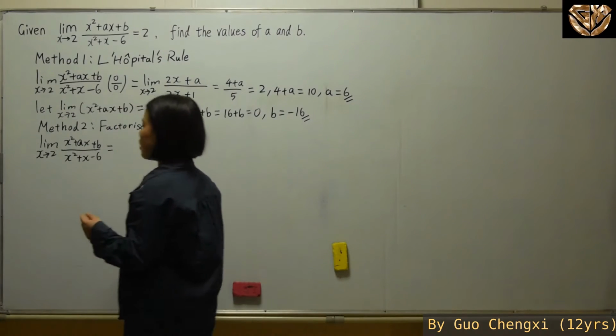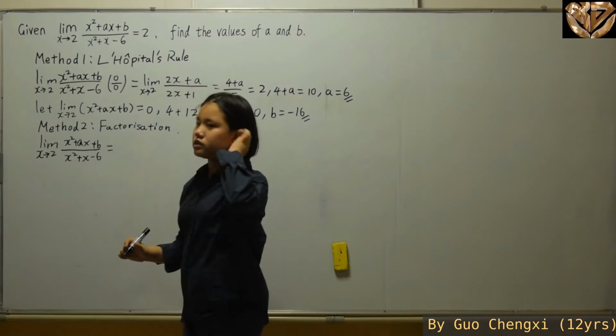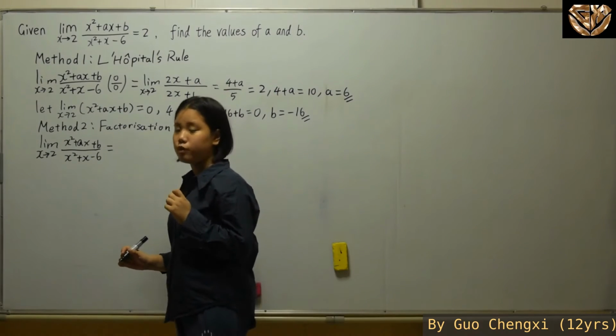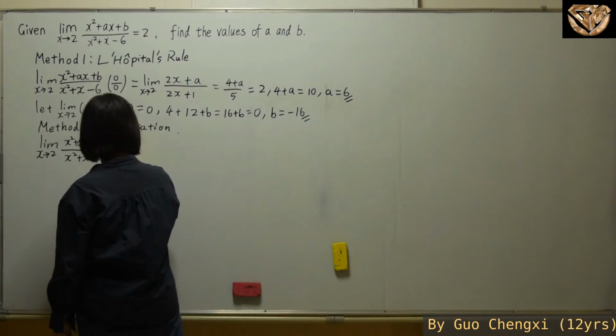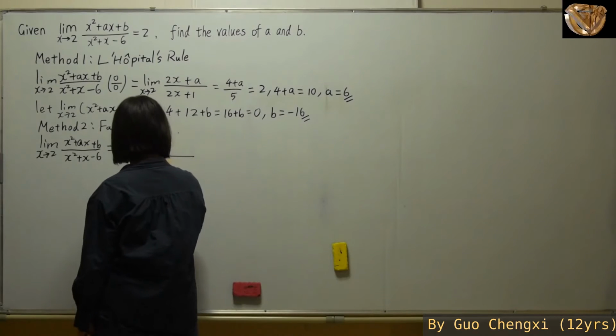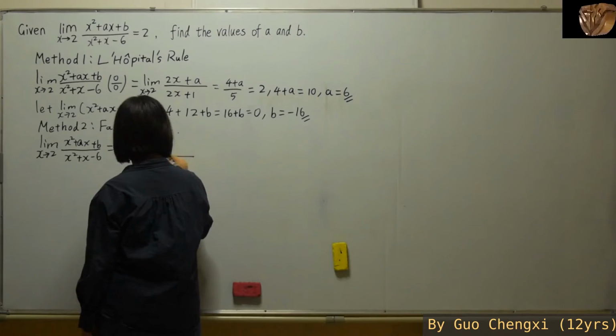What we are going to do is factorize both the denominator and the numerator. For the denominator, it will be easier to factorize because you straight up have x minus 2 times x plus 3.